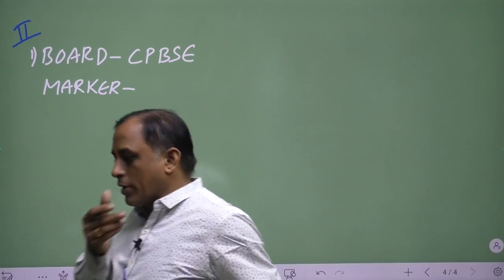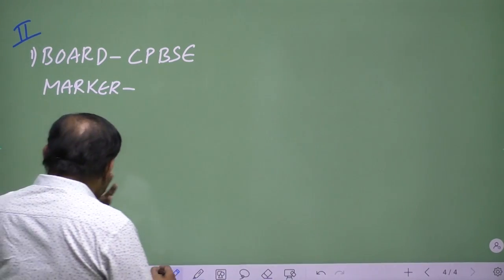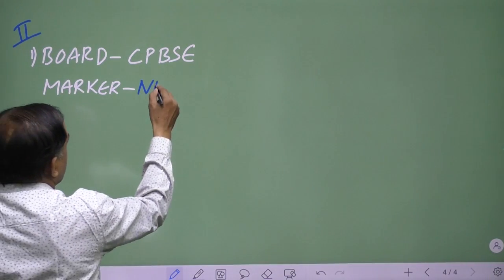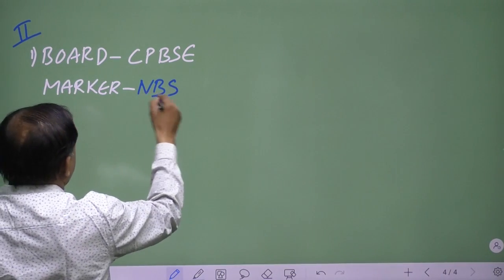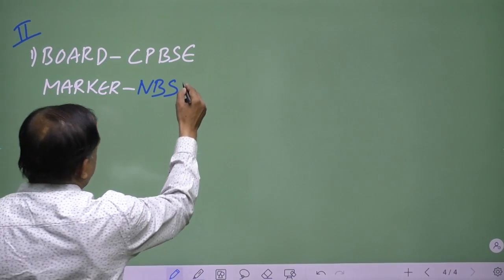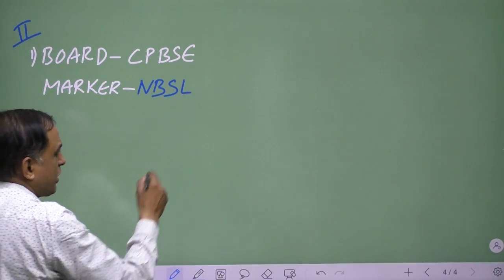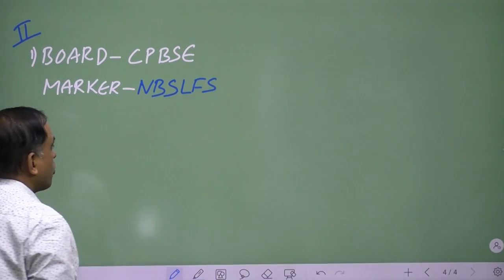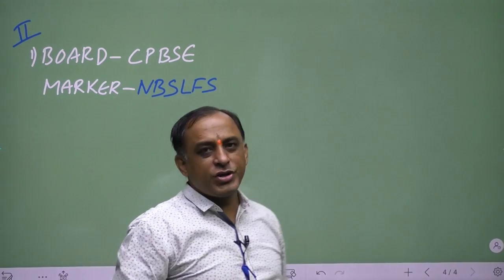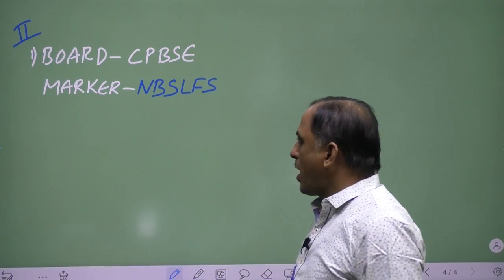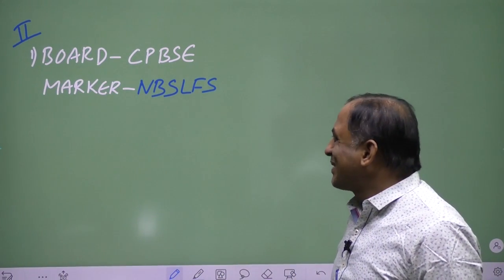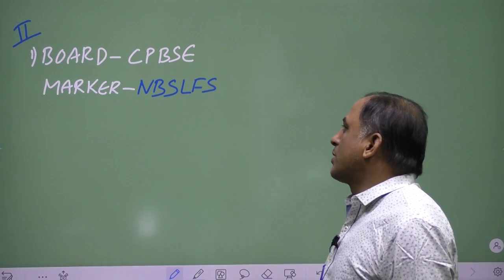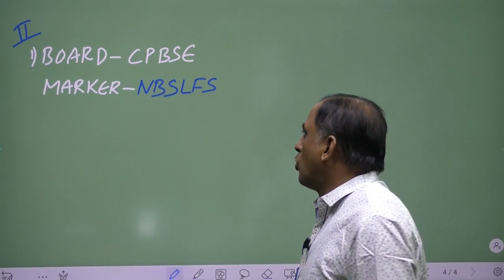Same for marker. M after next letter N, A after next letter B, R is S, K is L, E is F, and R is S. So, in a code language, if board is coded as CPBSE, then marker code is NBSLFS.